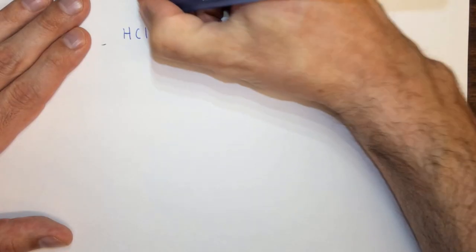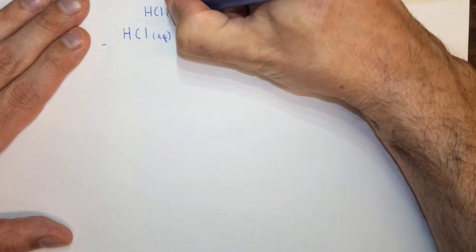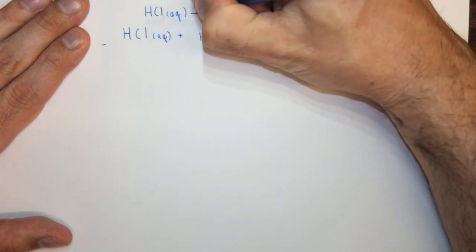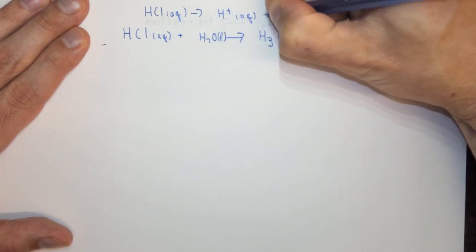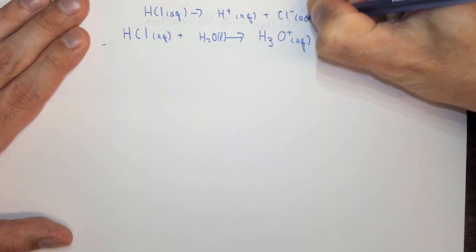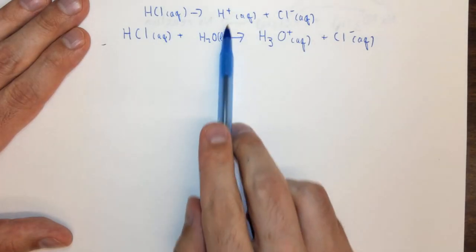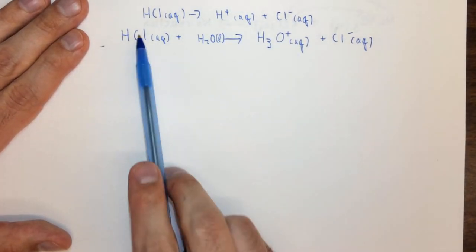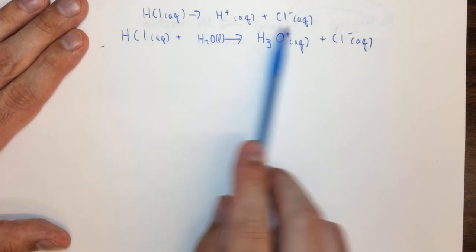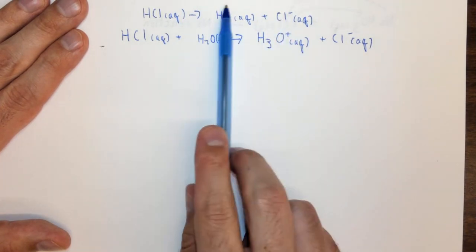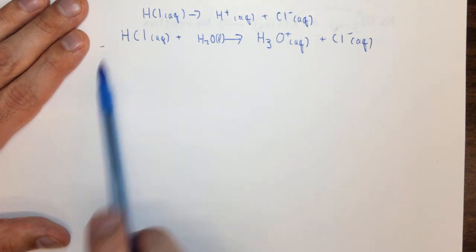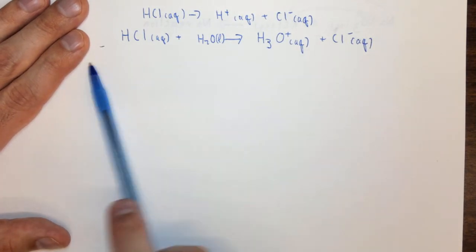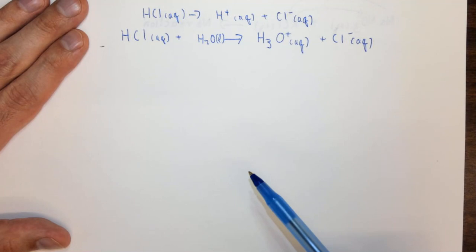This is the same thing as HCl, aqueous, yields H plus, aqueous, plus Cl minus, aqueous. These are just two different ways of writing the same thing. In one case, it's breaking up into the component ions. In the other case, it's reacting with water. I should note that the bottom one is probably closer to what's actually going on in real life.